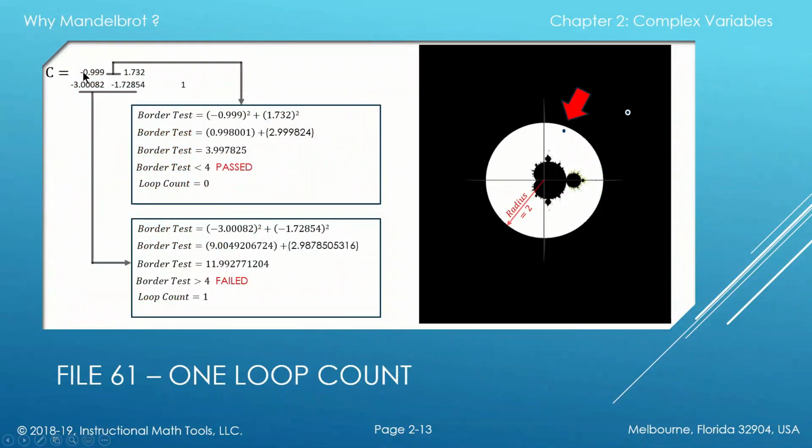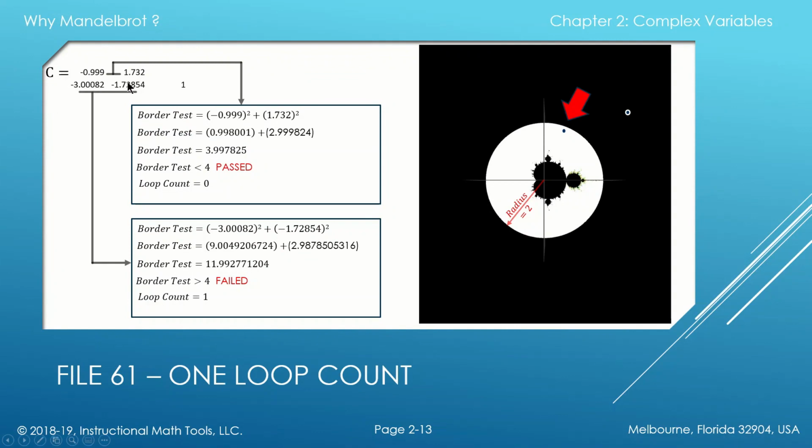All right, first thing it did, it took the point that we fed to it and did a border test on it. Did it pass the border test? Well, 3.99, it is within 4, so it passed. Loop count 0 at this point. So in other words, this gave it the go-ahead to loop once.